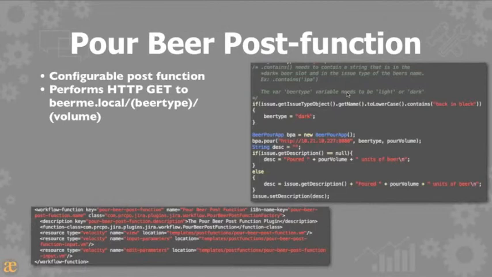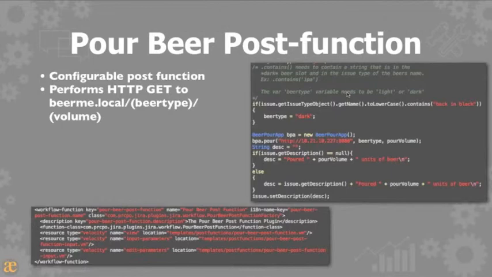So we want to be able to perform this HTTP GET to beerme.local is what I've got listed here. If you look in the code, you can see it's actually 10.21.10.227. That was the IP address that the Raspberry Pi ended up getting at Summit. We're running on port 8080, so we're just building a URL there. You can see the BPA is our beer port app.